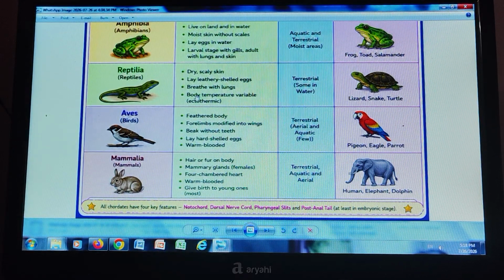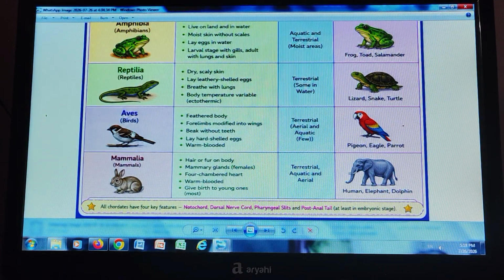Body temperature is variable, ectothermic, right? That means according to the outside environment temperature in the atmosphere, their body temperature also varies. Most of them are terrestrial, they live on the land.